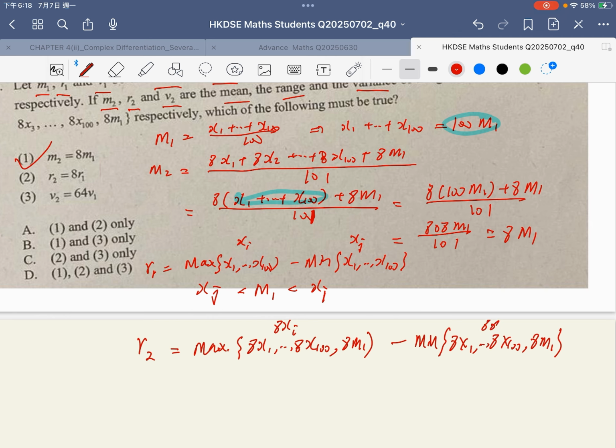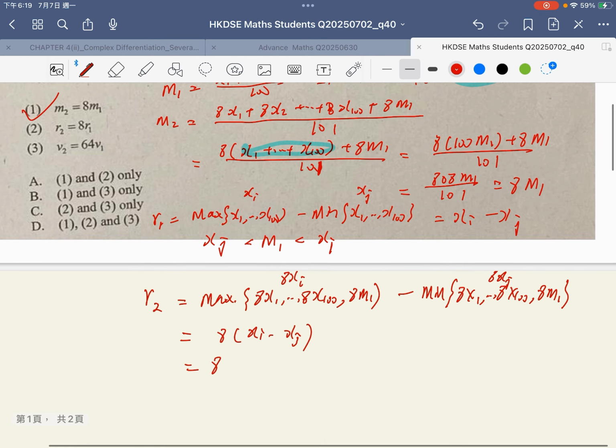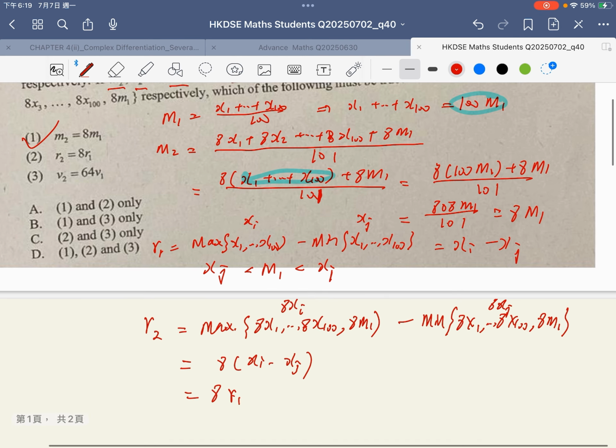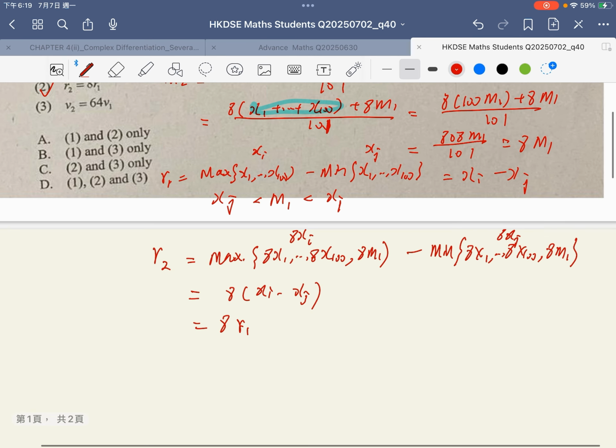Similarly, that minimum term should be x times xj, because all the terms are only multiplied by a positive constant x. Therefore, the original corresponding terms do not change their order. So it is x times xi minus xj, which is equal to x times R1. Therefore, this is true.